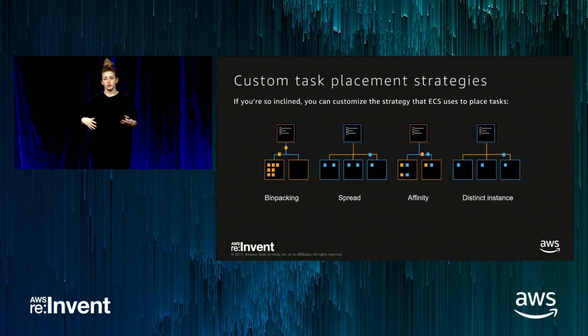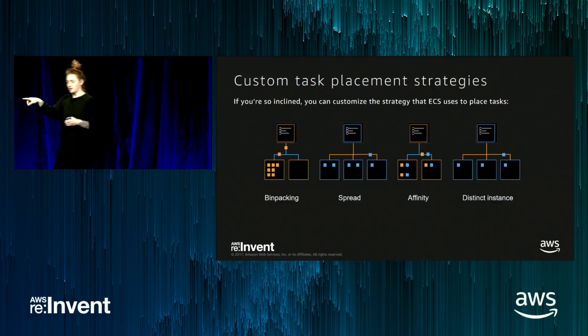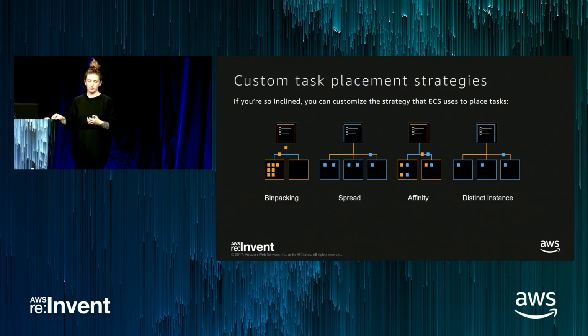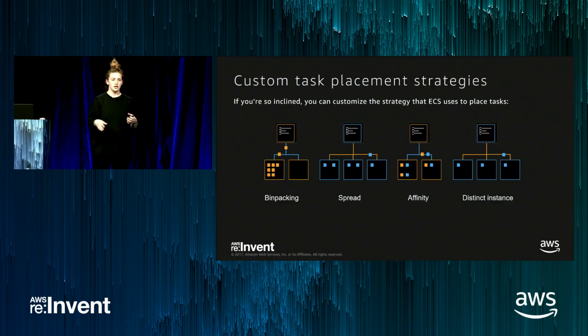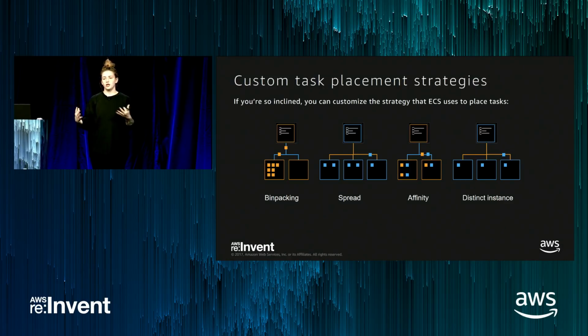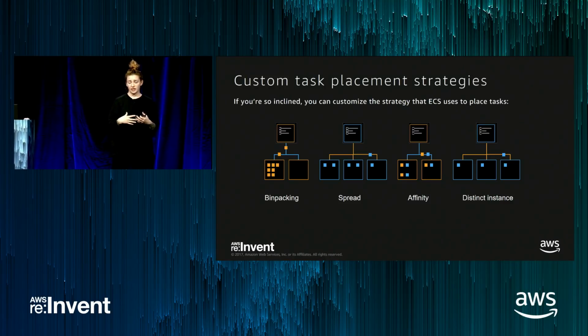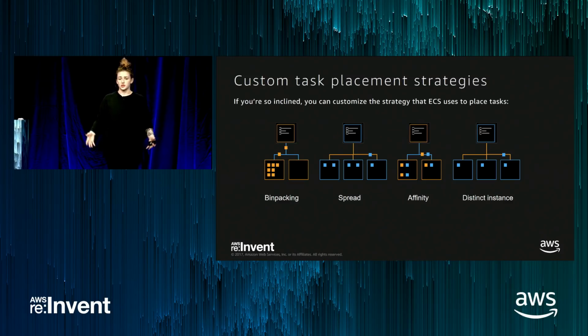You can do affinity, which means groups of tasks. So if I always want my web task with a messaging task, I can make sure that they're deployed in pairs. And this is actually my favorite, so it's distinct instance. It used to be when you first started with ECS that you had some things that you wanted to run on your hosts that didn't really belong as part of a service. So that might be like a daemon, something that's monitoring or logging or something.